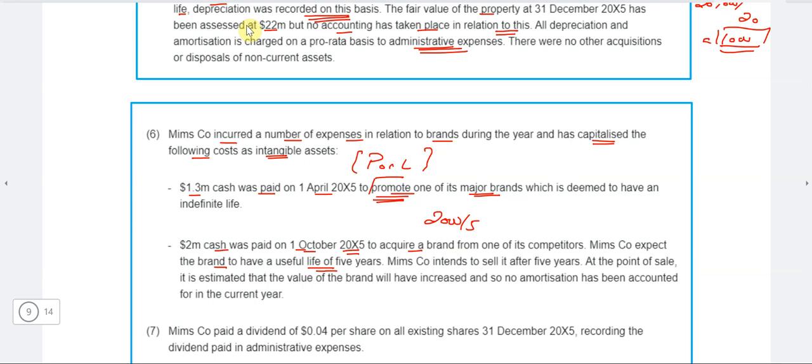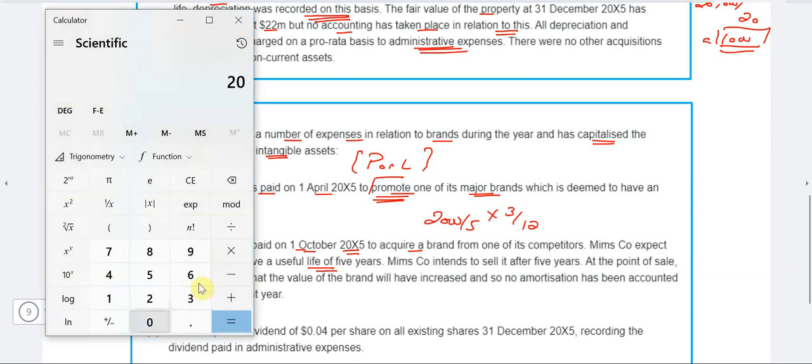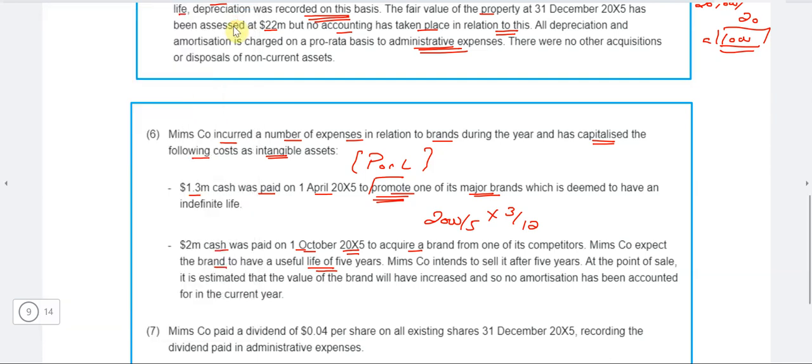So that means only 3 months of amortization should be charged, which is 3 by 12. Okay, so let's do that. 2000 is the cost, divide by 5 and multiply by 3 divided by 12 gives you 100. 100 is the amortization charge.